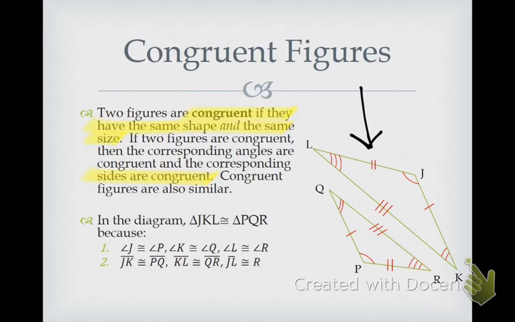They are significant because they tell me which sides match up and which angles are congruent. If I see a side with one line through it, it's congruent to the side that also has one line through it. The same goes for 2 lines and 3 lines. They're congruent with the matching sides and angles.